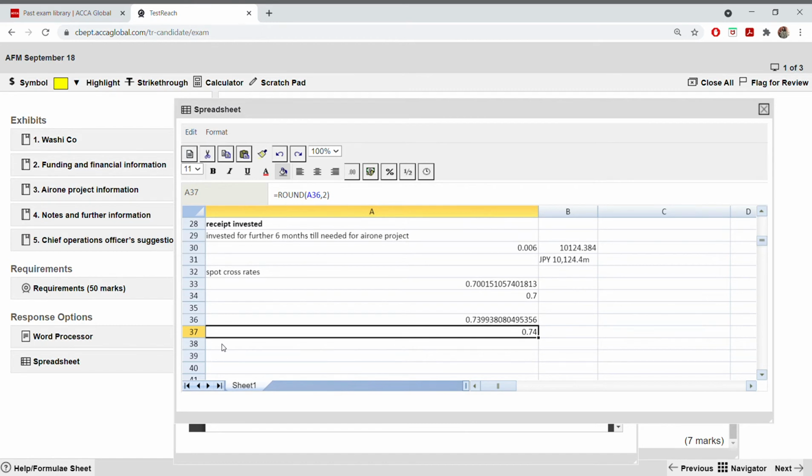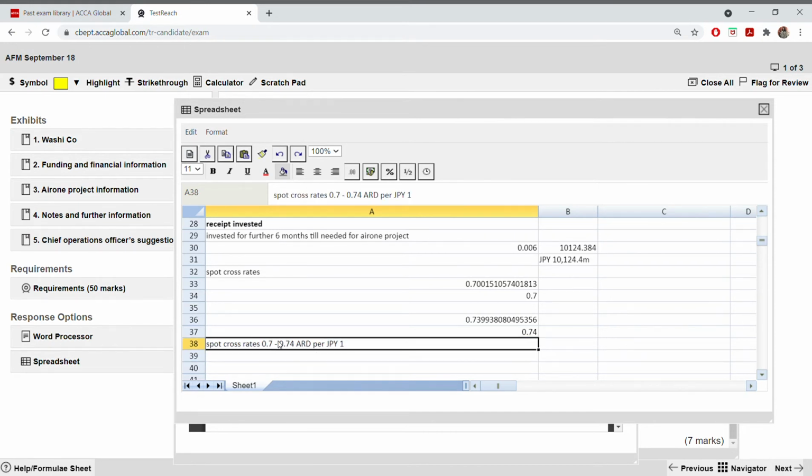So if you have to write this, it will be spot cross rates 0.7 dash 0.74 ARD per 1 Japanese yen.